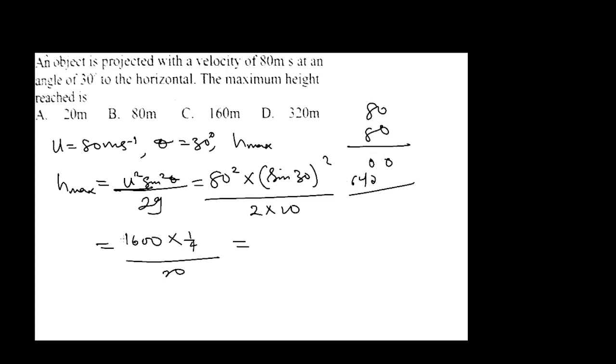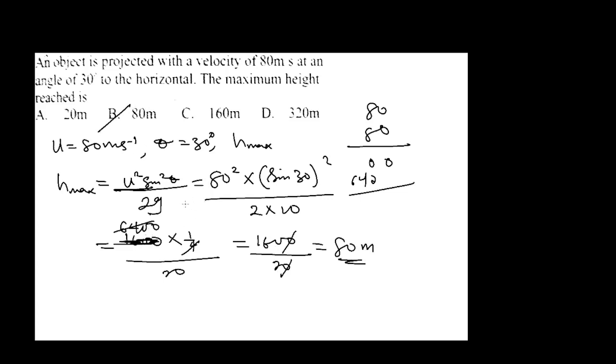Oh, so it's supposed to be 6400, yeah, not 1600. So we're supposed to have 6400. So 6400 divided by 4, so this should give us 1600 all over 20. So that this and this can cancel. So we have 160 divided by 2, that will give us 80 meters. And that will be the correct answer to the question.